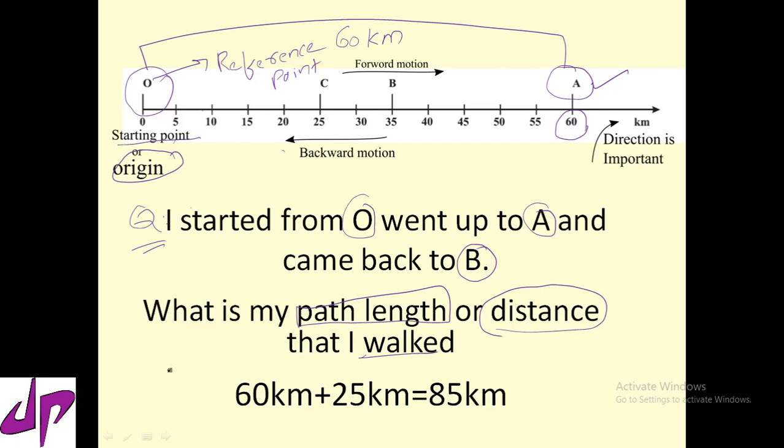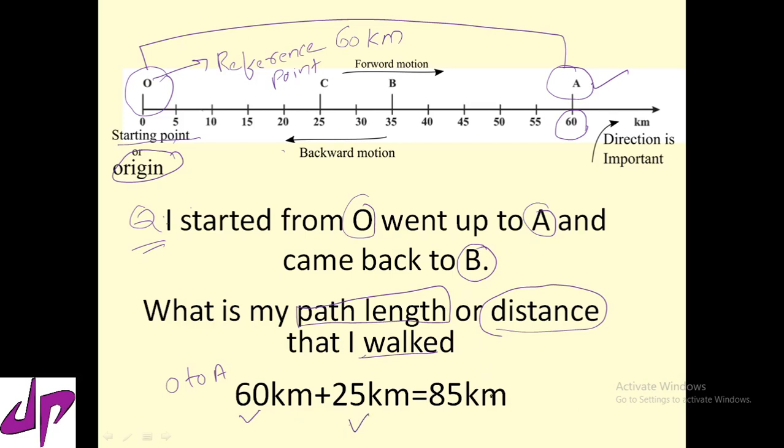From O to A, the distance is 60 kilometers, and from A to B, you walk back. From A to B the distance is 25 kilometers. How do you know that? You can subtract.